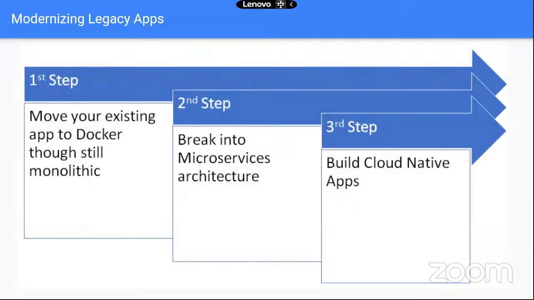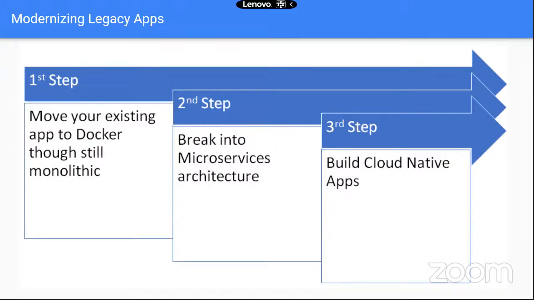So, when it comes to migrating your applications from existing code or an existing running scenario towards microservices, or what we can say in another way, if we want to run them in such a way that you can properly utilize containers to run your application, there is a 3-step strategy that you have to follow.